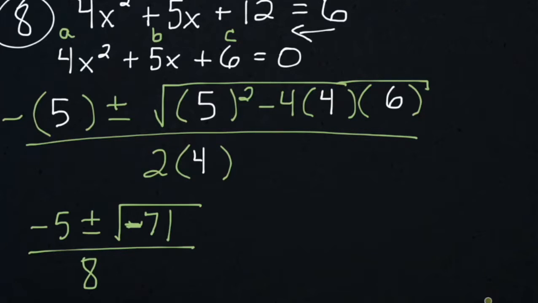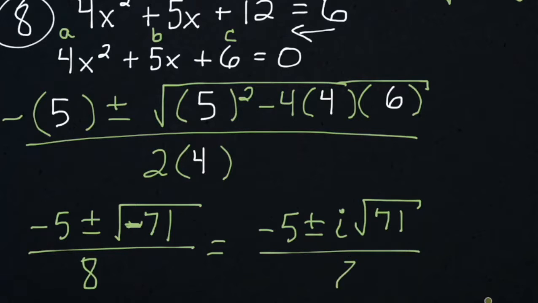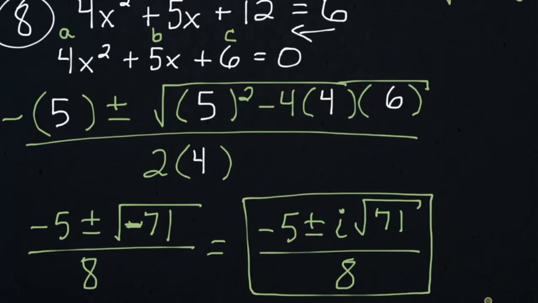Yep. What does that mean? Square root of negative 1 equals what? I. So we do need to simplify to indicate that we have an I. 71 is actually a prime number, which means it doesn't break down. So my answer would be negative 5 plus or minus I square root 71, all divided by 8.